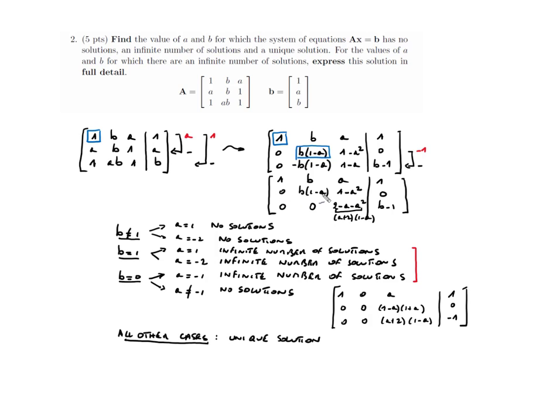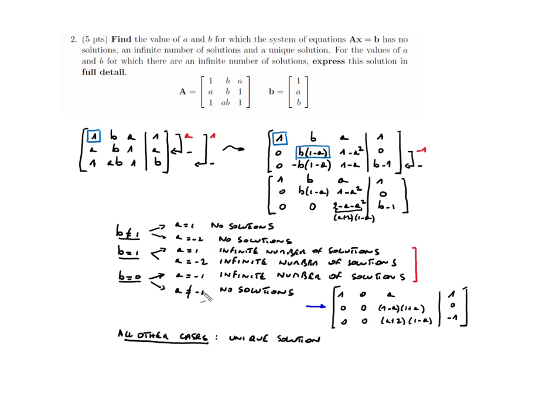Well, we have to treat the case where b is equal to 0 separately, because then we have a 0 appearing over here and we obtain this situation. You can see that when a is equal to -1, here we have a line of zeros appearing, and this will also lead to an infinite number of solutions.